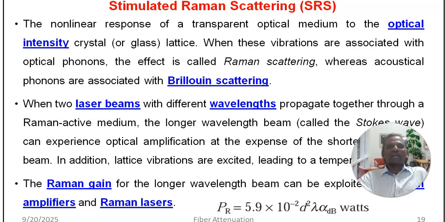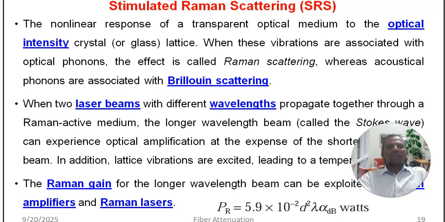Then stimulated Raman scattering, in which the optical intensity is inside the glass lattice when the vibrations are associated with optical phonons, whereas acoustical phonons are associated with Brillouin scattering.